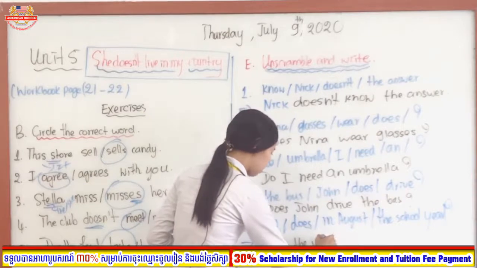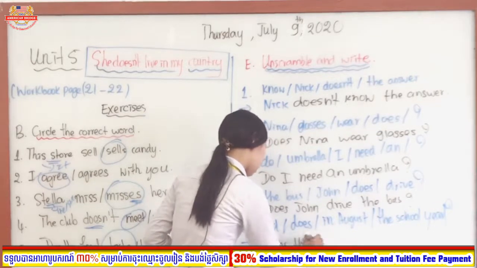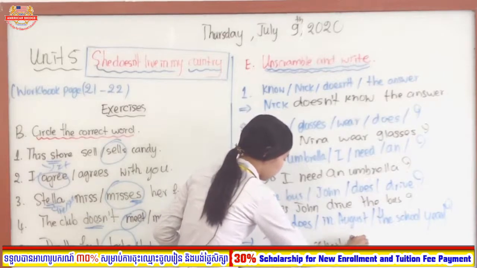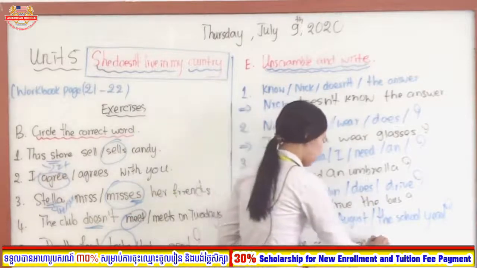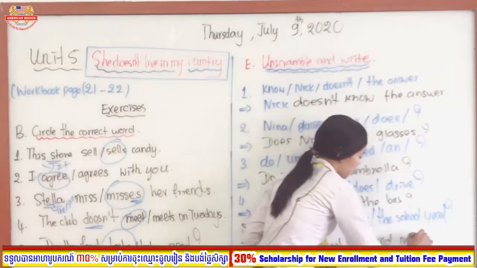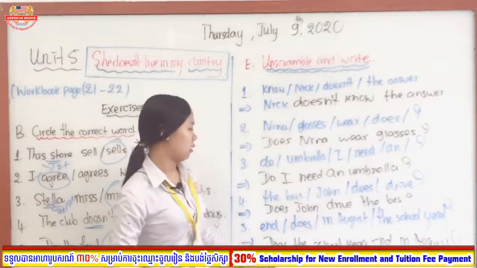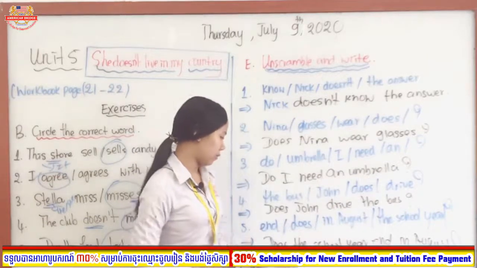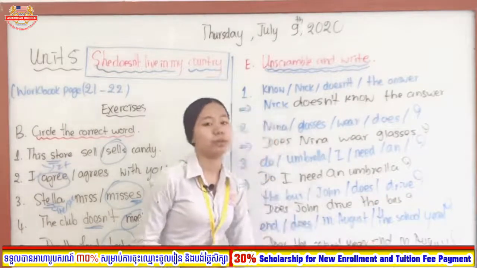And then we need to find the verb, so end, right? Does the school year end, excellent, in August, and then we have the question mark. So does the school year end in August? You see, we have the auxiliary verb, we have the subject here, which is the school year, and then we have end, which is the verb in the sentence.